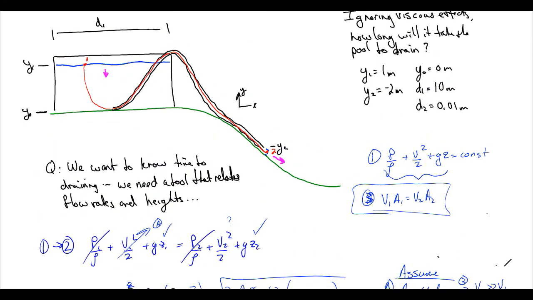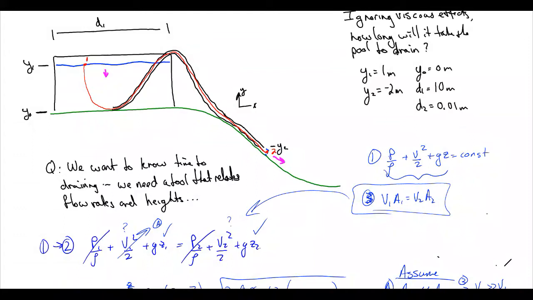Now, for the record, we could also plug this equation into here because we have a relationship between V1 and V2. If we hadn't canceled out V1, we would have had 2 unknowns, so we would need a second equation in order to solve for V2. That second equation would have been V1 A1 is equal to V2 A2, because we can say that V1 is equal to A2 over A1 times V2.